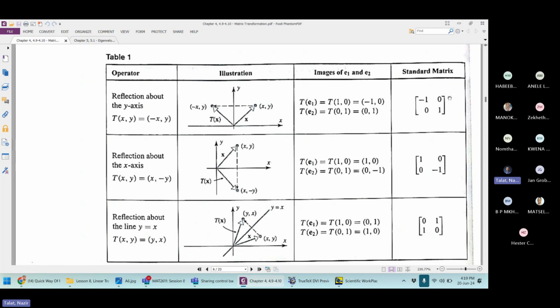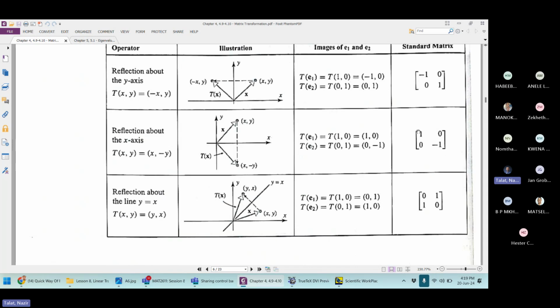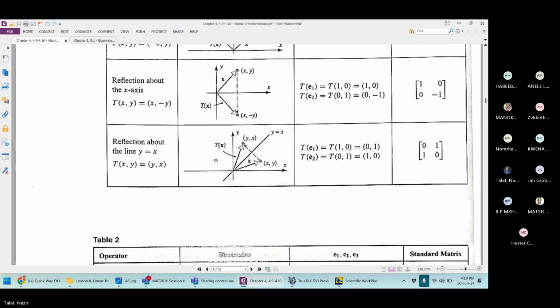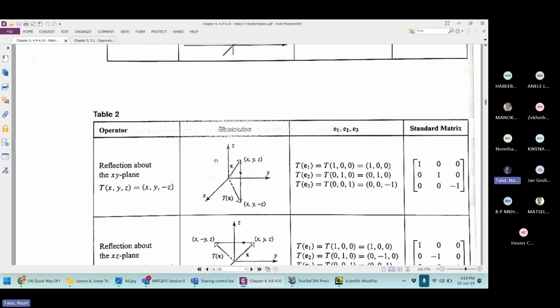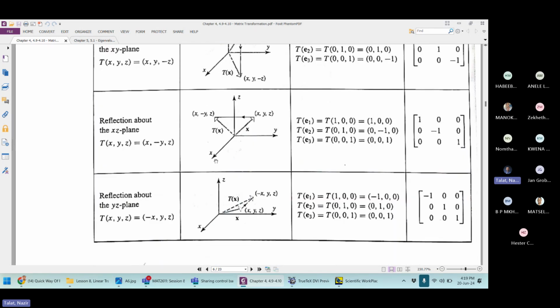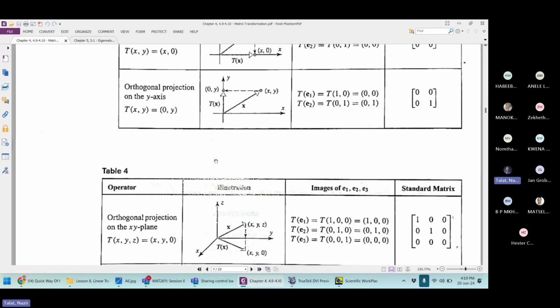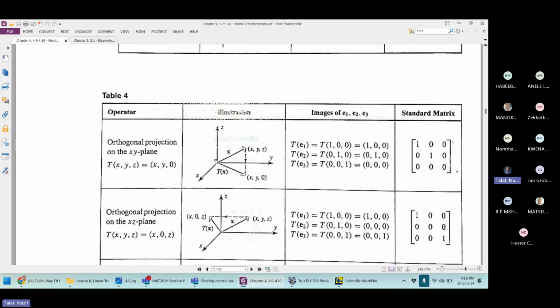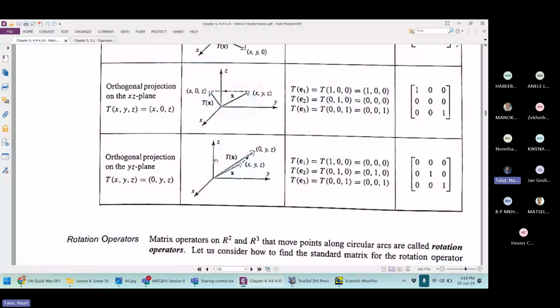If you multiply that matrix with (x, y), you get the same vector (minus x, y). These transformations have many useful features, which we will see in later lessons. These are all examples of matrix transformations, and we can simply get the matrix operator for them.